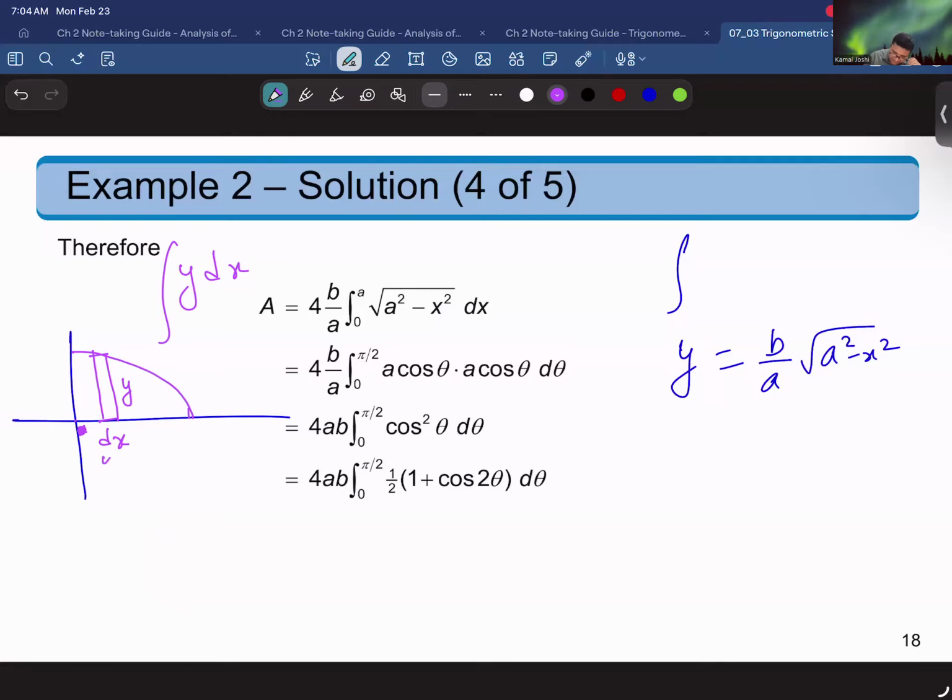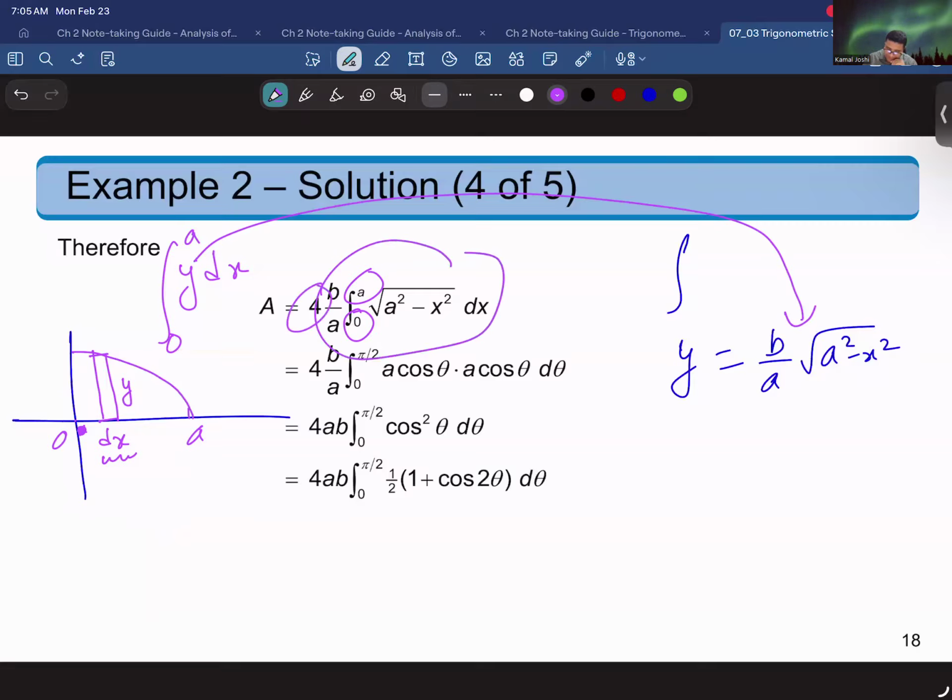So x goes from 0 to a, and you are integrating that from 0 to a. It's y dx, but that y is this. So we get that expression, and we are multiplying that by 4 because there are 4 quarters of that ellipse.